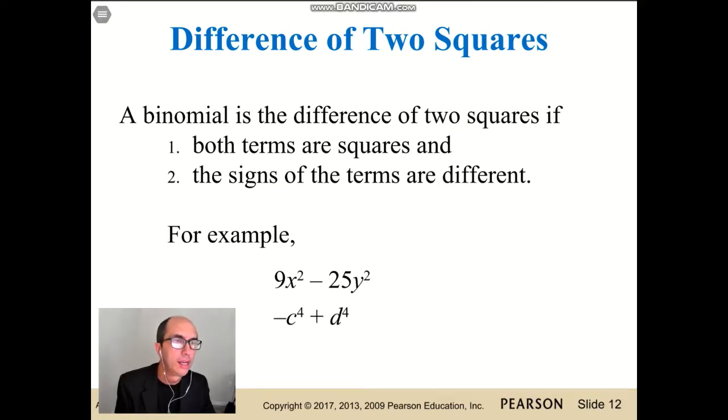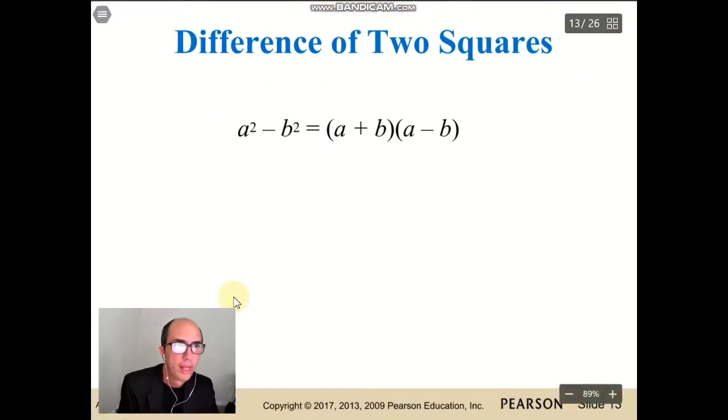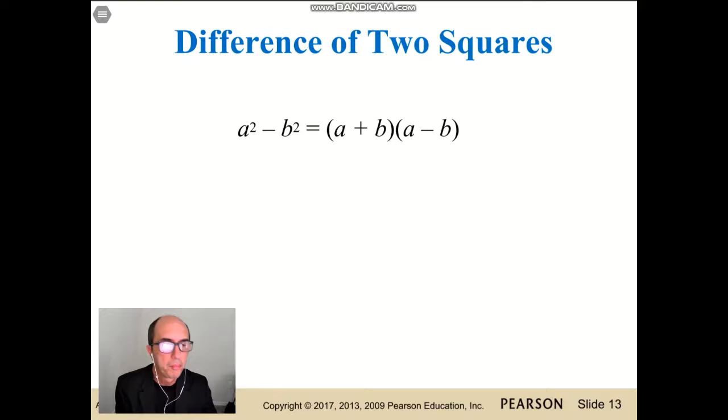So both we can factor using the difference of two squares, and it's going to look like this. This is the formula. This is what we will remember and compare when using the difference of two squares. a squared minus b squared is going to be equal to (a plus b) times (a minus b).